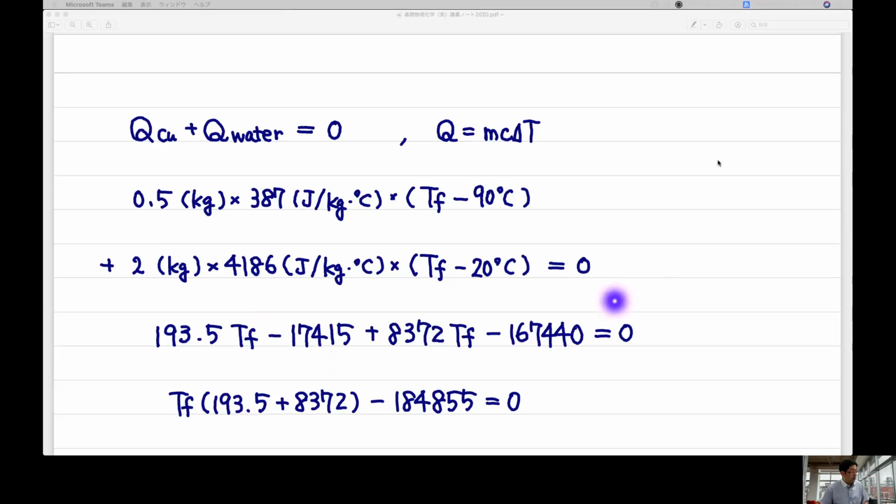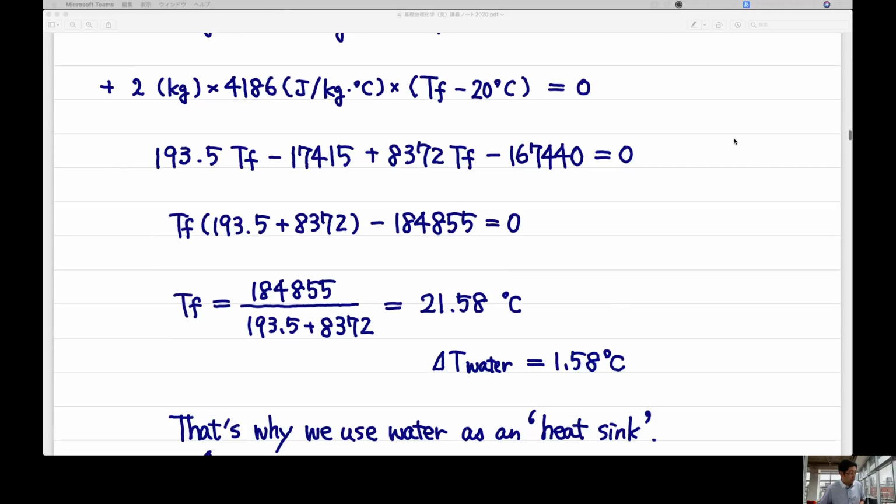Then you can calculate by this equation: TF times 193.5 plus 8372 minus this value equals 0.